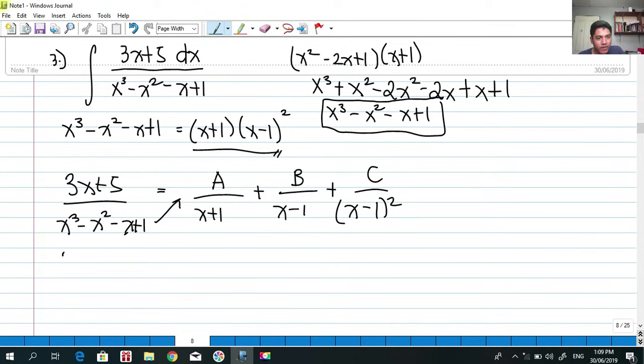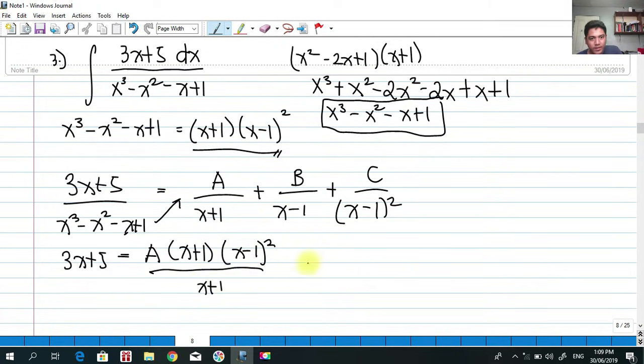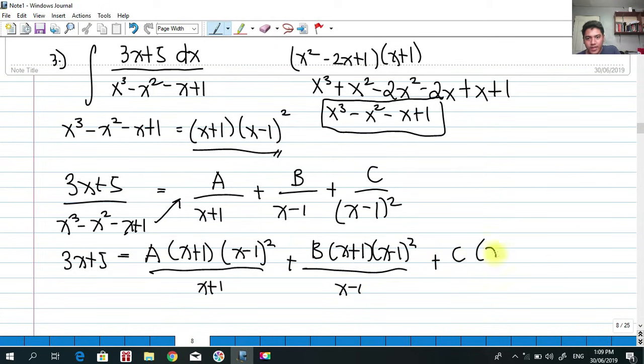So what will happen? We are left with 3x plus 5 in here, so that we have a times x minus 1 squared over x plus 1, plus b times x plus 1 times x minus 1 squared over x minus 1, plus c times x plus 1 times x minus 1 squared over x minus 1 squared.